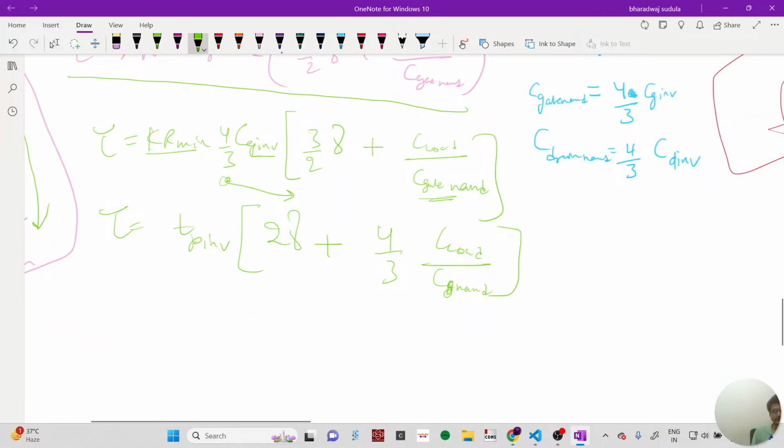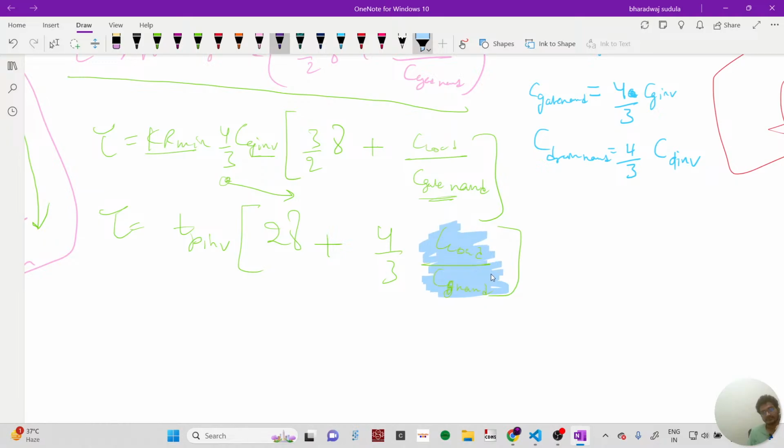So at the end I'll get, so here I present the three terminologies. I'm emphasizing that I'll keep this C load by C gate as is. Why?